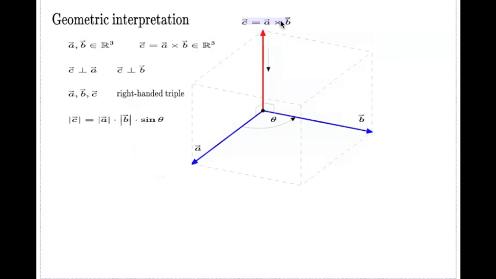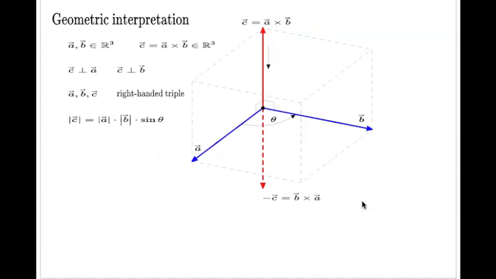If you were looking at the cross product of B and A, in the other order, so B is first and A is second, then the turn from the first to the second will be this way. And then it's no longer true that if you sit here, you will see this turn counterclockwise. You will see it clockwise. So in this case, your cross product will be the opposite of this vector. It will go down.